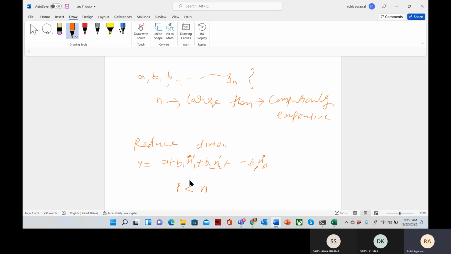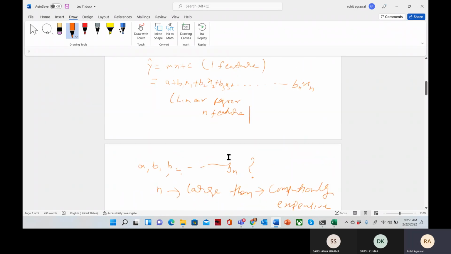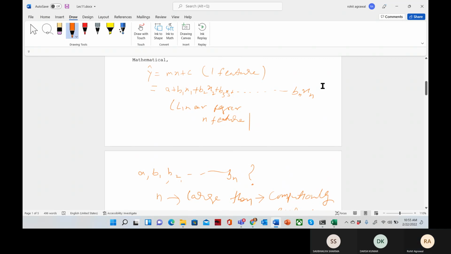Why is dimensional reduction needed, and how do we think about it mathematically? I just gave you a simple example of linear regression where we are supposed to build a linear model for n number of features. So we need to calculate these parameters A, B1, B2, B3 up to Bn.